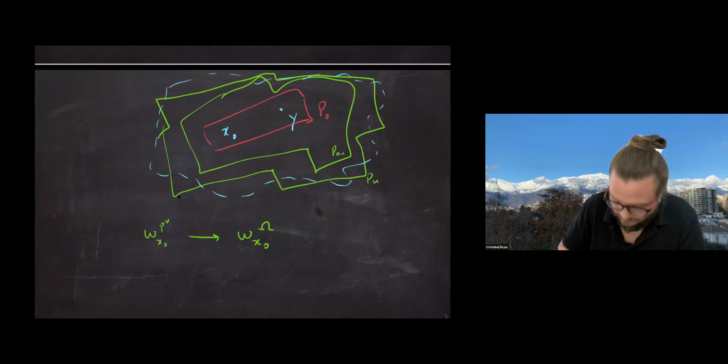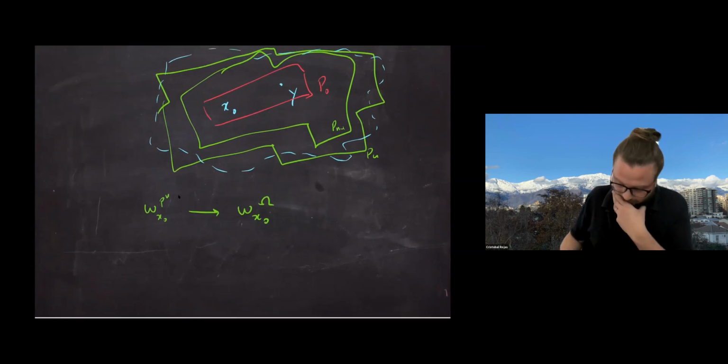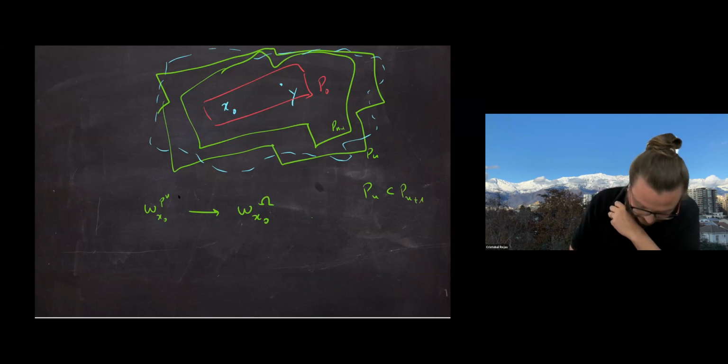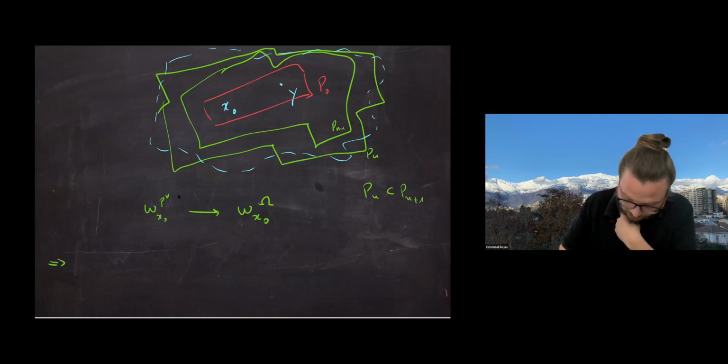Once we have done that, we need the polygons that we construct to be increasing. And then, for each polygon that we have constructed, because they are very nice domains, we can compute their harmonic measure not only with respect to x0, but also with respect to y. And now the deal is how to control the convergence.